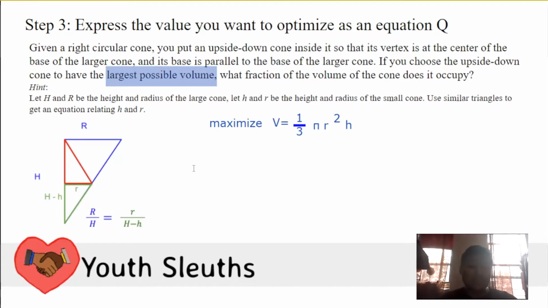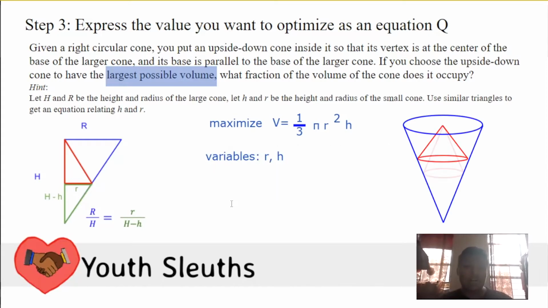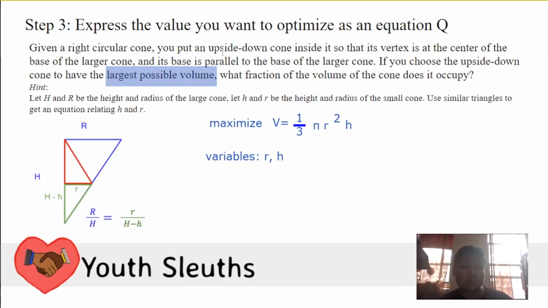The two variables that we know that are here are r and h. We know that r and h are variables because when we're adjusting the volume to find the largest possible volume that there is, we're also switching the radius and the height. So in the next slide, we will be adjusting the volume equation so that there's only one variable.